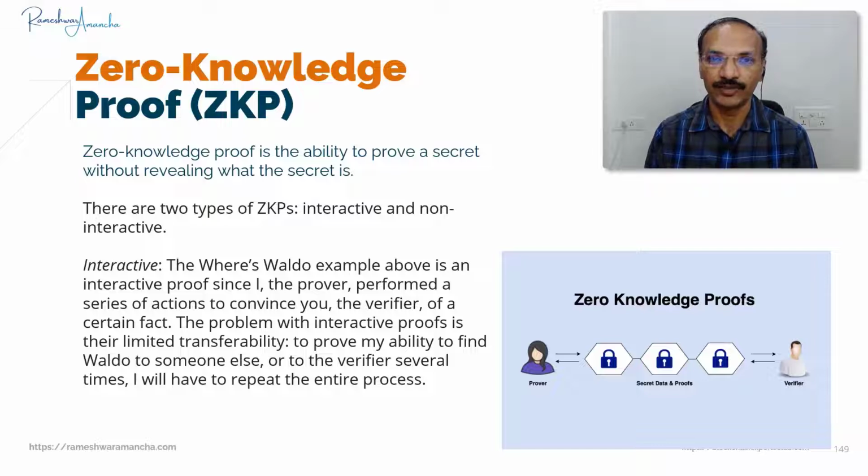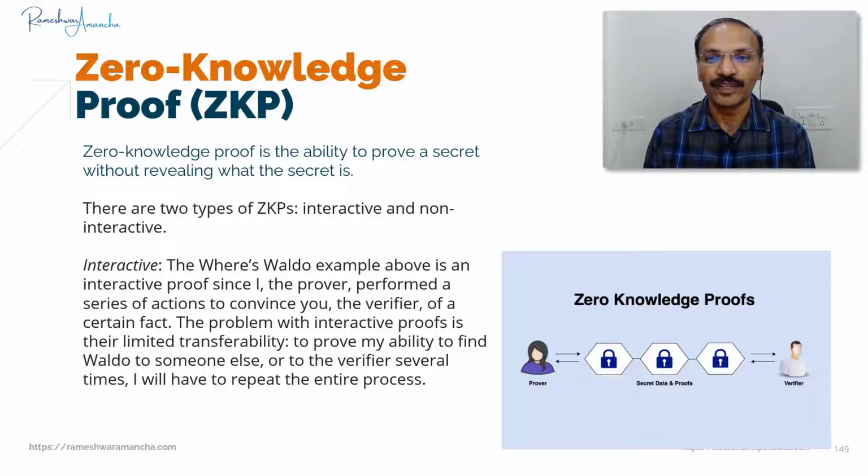There are two types of zero knowledge proofs. One is interactive, the other one is non-interactive.